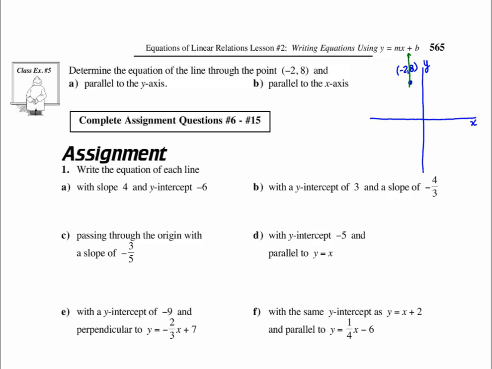So in part A, what would be the equation of that line? Is it x equals or y equals? It's vertical, so x equals negative 2. Does it have an x-intercept or a y-intercept? There's an x-intercept, so it's an x equals equation.